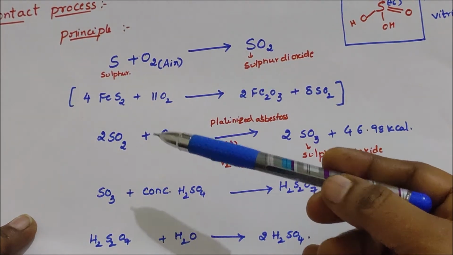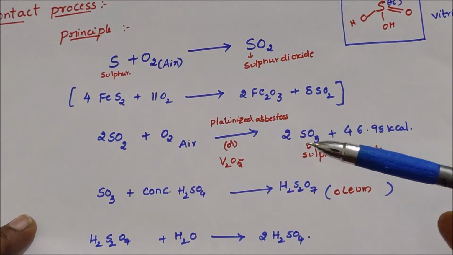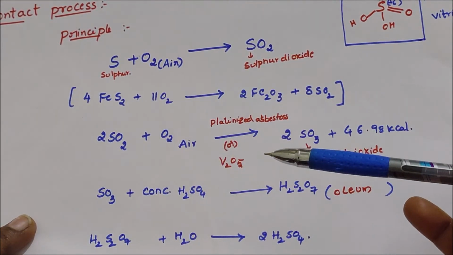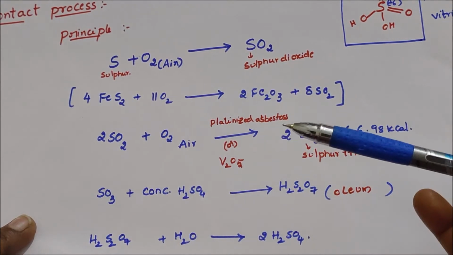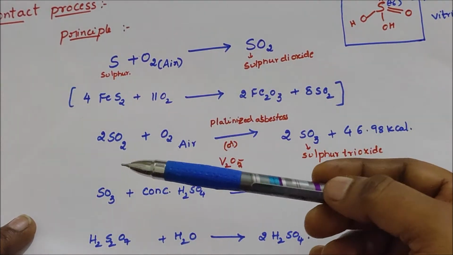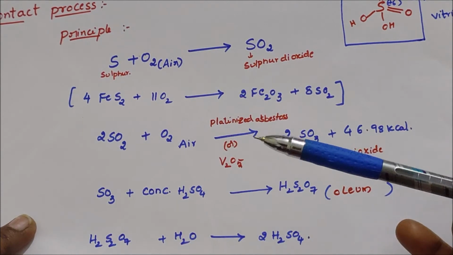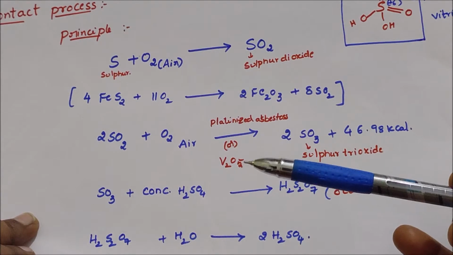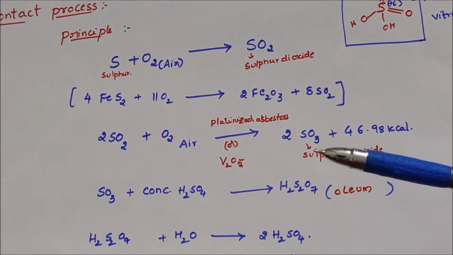In the second step, SO3, sulfur trioxide, is obtained. This is the very important step. It uses the catalyst V2O5 or platinized asbestos. Sulfur dioxide is treated with oxygen in the presence of the catalyst vanadium pentoxide to give sulfur trioxide.